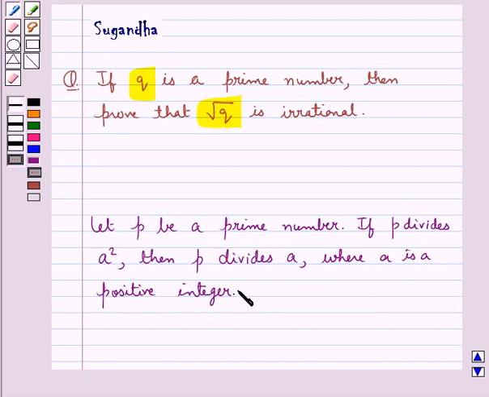This is the key idea to be used in this question.